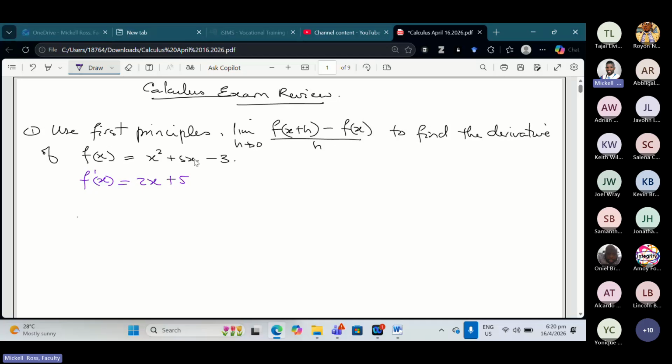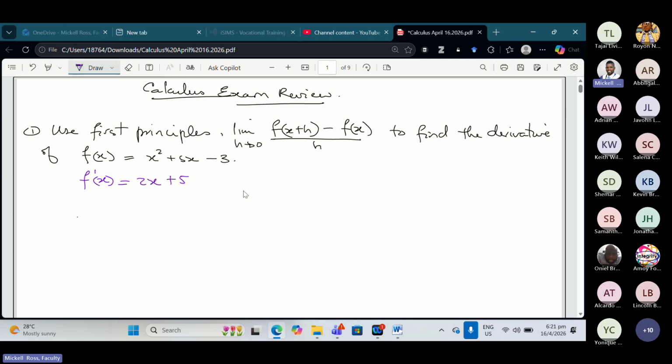So if I differentiate this quadratic right here, I'm expecting to get 2x plus 5, which means that in the back of my mind, when I'm working out this question using the method of first principle, I know I should end up with this as my answer.